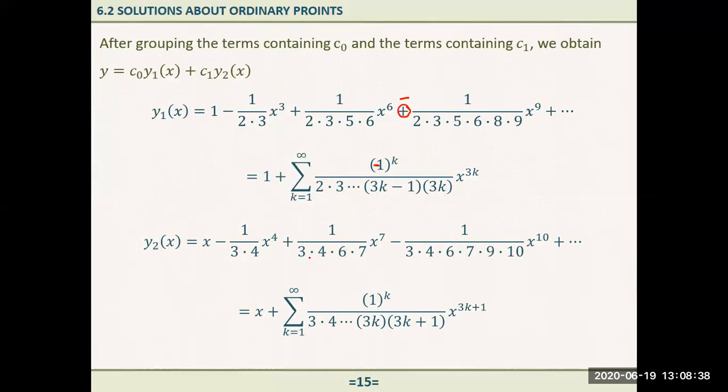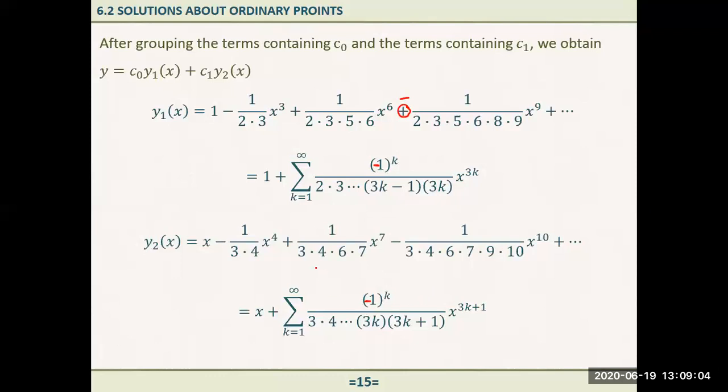In short form, the powers of x are 3k plus 1. And the sign is also changing: plus, minus, plus, minus, so we need to have minus 1 to the power k here.